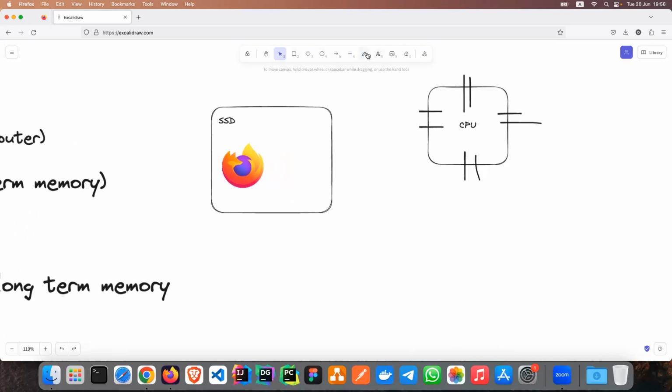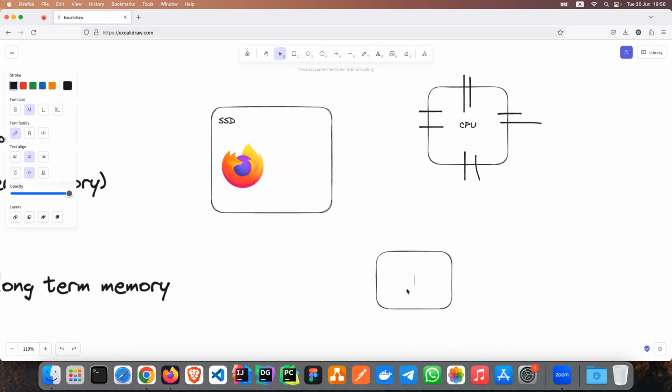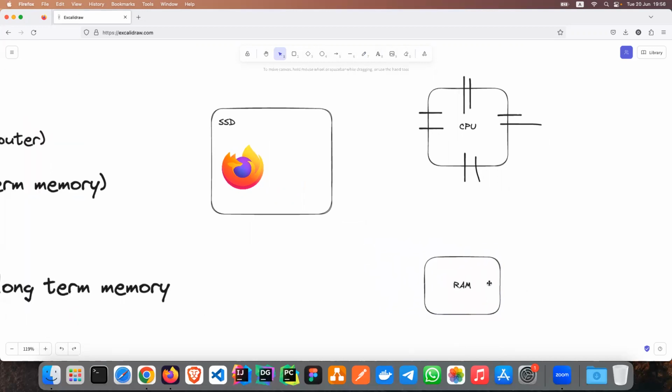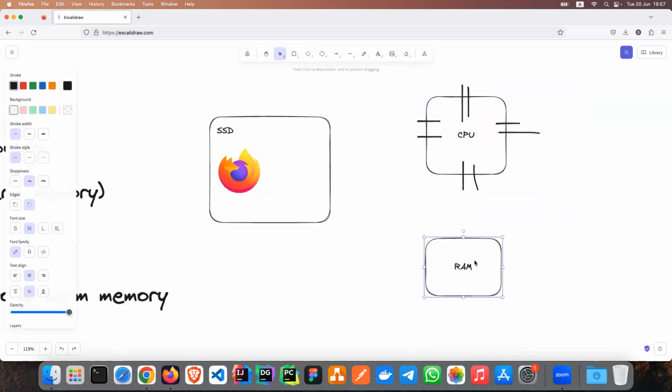I also have my RAM. RAM is like short-term memory, right? I have the SSD here, which is long-term memory, and as we said, it's slow. It's not slow, but it's slow for the CPU to go there and fetch some data. For example, let's say you have some bookshelf.